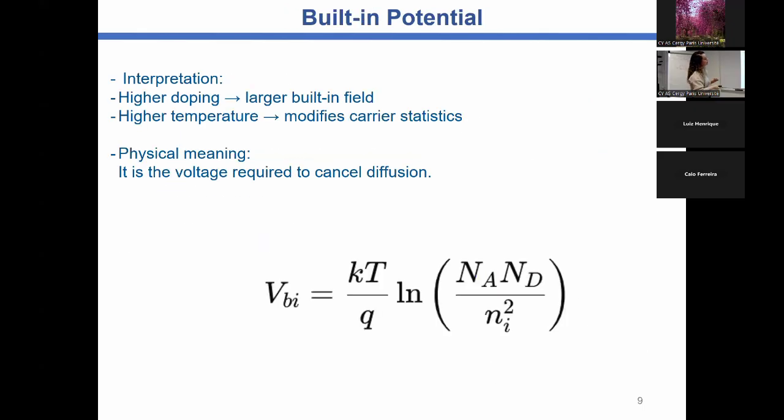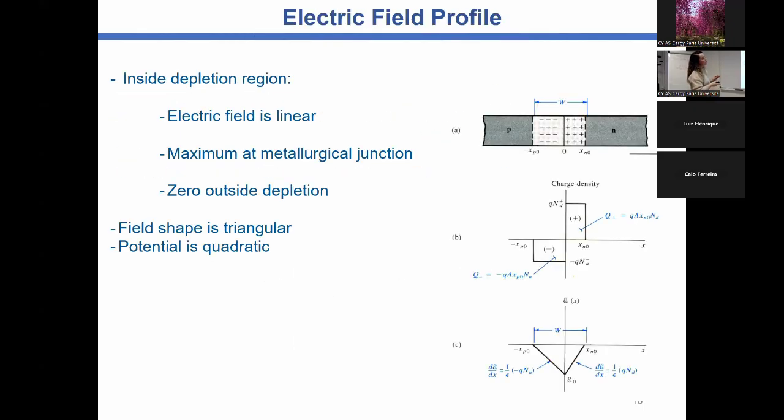The numbers of the electrons and the holes are the same, but you can see that the length of the region is different because of the effective mass of the holes and electrons.